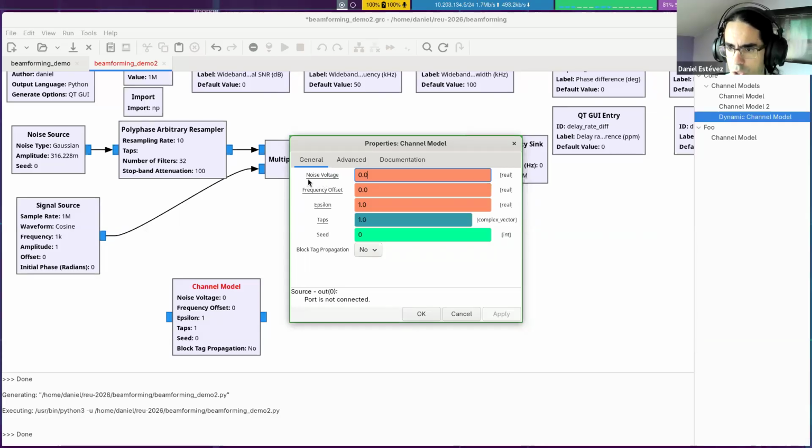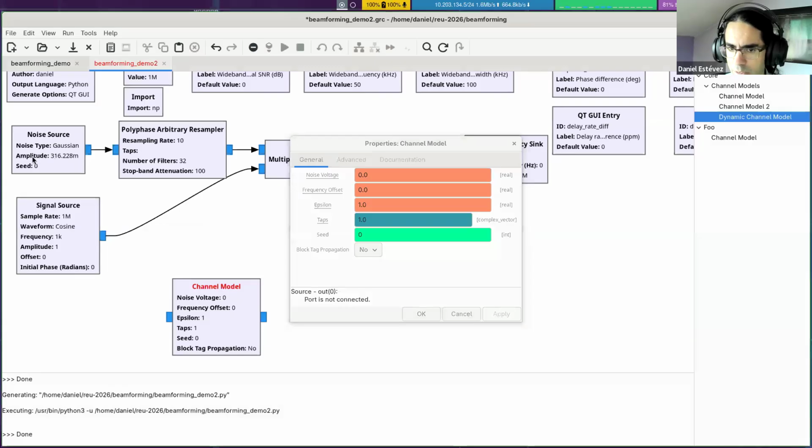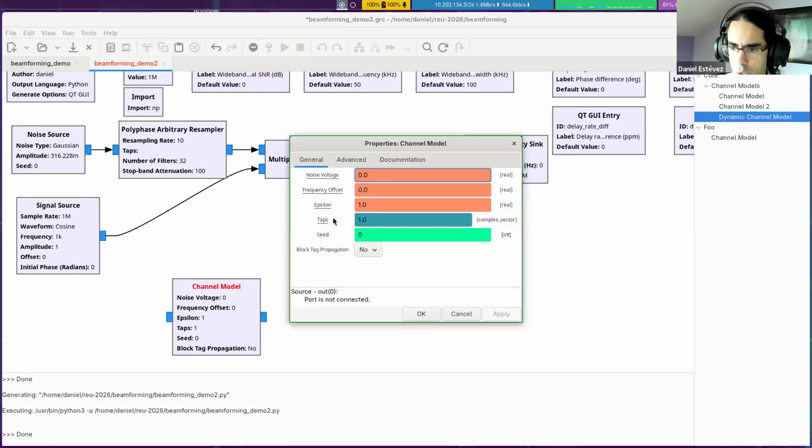So if we have a noise source in an electronic circuit, the amplitude would be the voltage. But this noise voltage is basically equivalent to the amplitude I have in here in the noise source. So I want to set this to 1. This is the thing that will define the noise source of the noise floor of my receiver. And I said we are going to normalize this at 1.